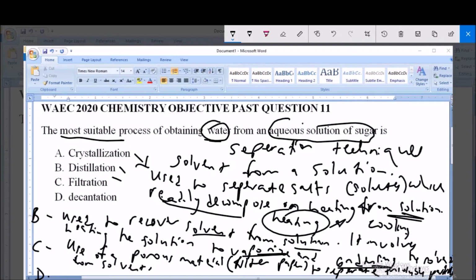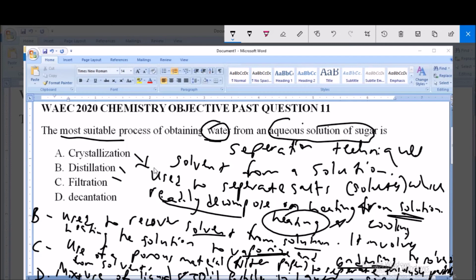And lastly, option D, which is decantation, is used to separate a mixture of liquid and solid particles, which separate into layers on standing.